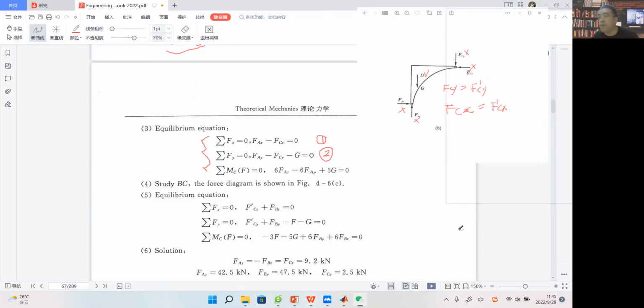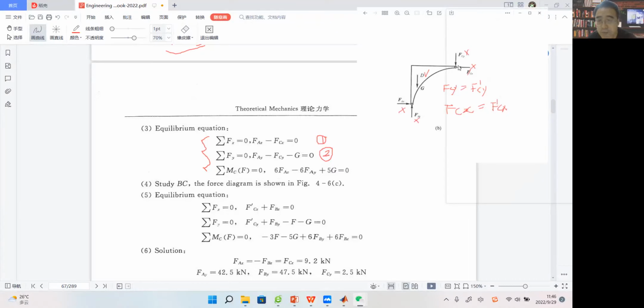And we also give the third equation. We select point C, sigma MC equals 0. So we only need to consider these three forces. You guys can see that Fax, its moment about point C, its direction will be counterclockwise. So we have Fax times 6.